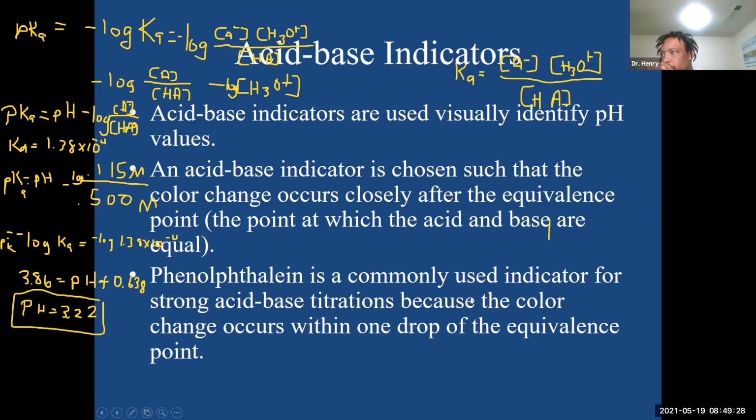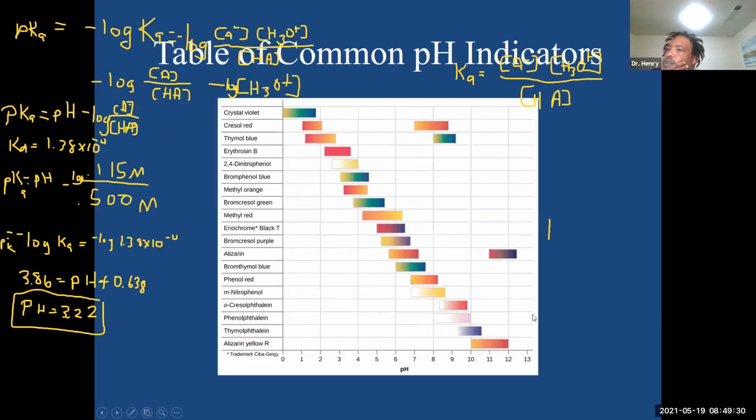And here is a table of that, so you can get an idea of the range that these dyes react in. For instance, crystal violet is going to react between 0 and 1, so it'll go from yellow to blue. Cresol red is kind of odd.